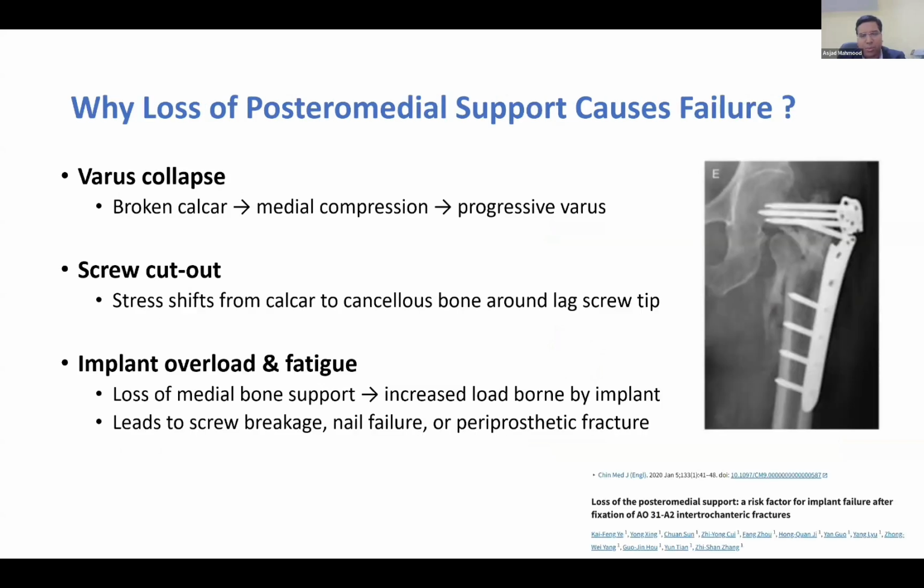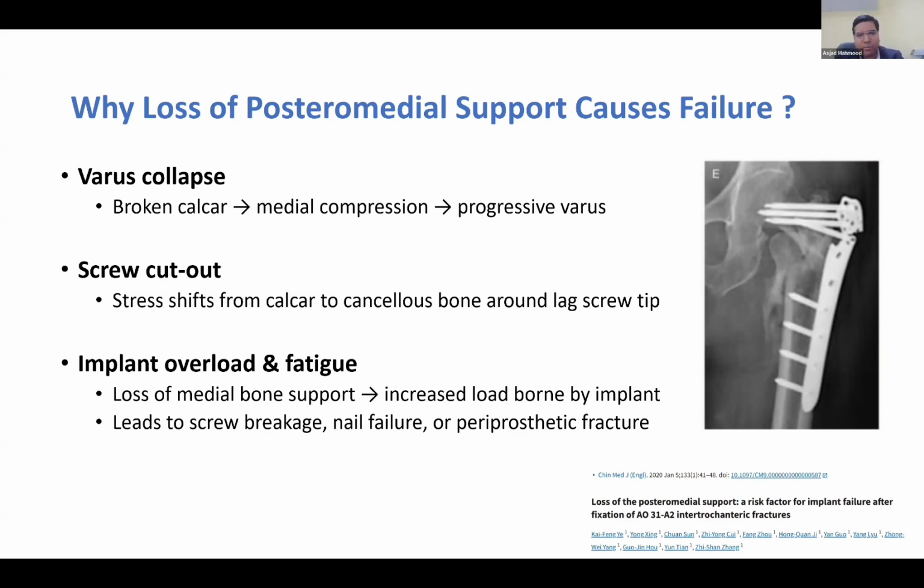In varus collapse, a broken calcar leads to medial compression and progressive varus deformity. It can also lead to screw cutout. The stress shifts from the calcar to the cancellous bone around the lag screw, so there will be chances of screw cutout, and the implant will be overloaded and fatigue, leading to breakage, nail failure, or periprosthetic fractures.